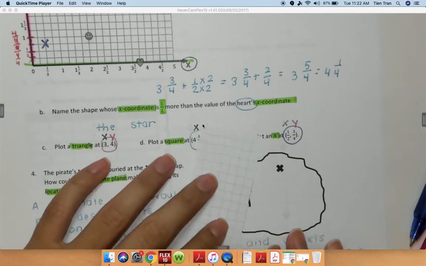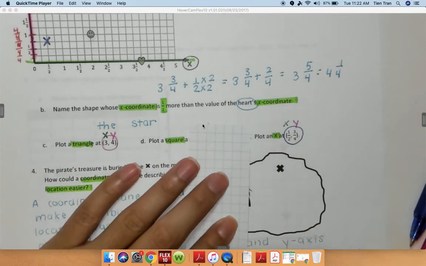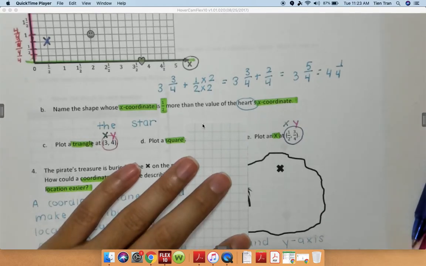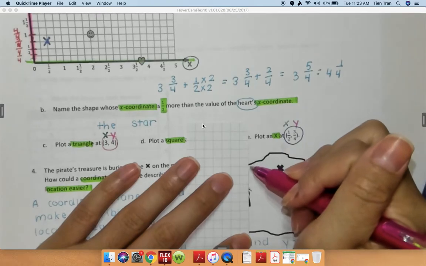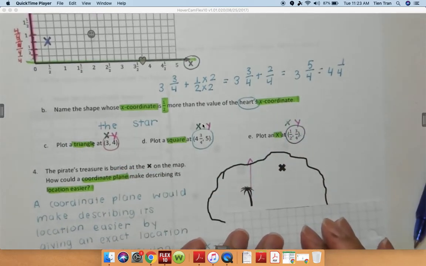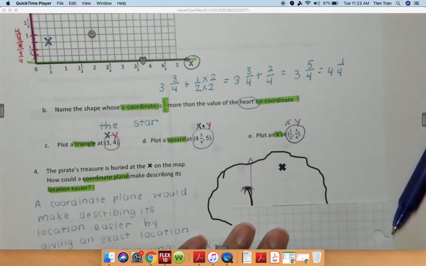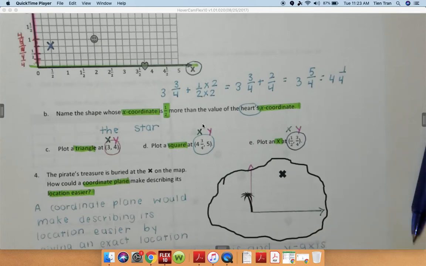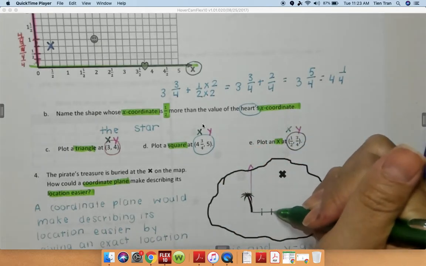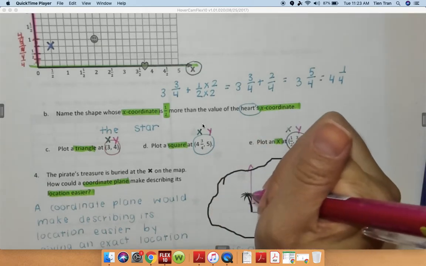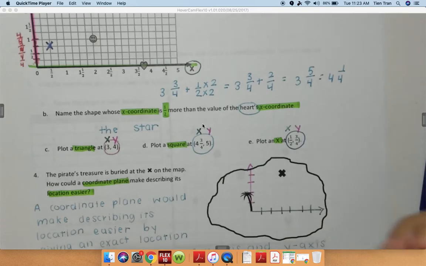So for an example, let's say this palm tree is going to be my origin or the starting point, okay? So I'm going to draw my y-axis, and then I'm going to draw my x-axis. Okay, so that means if I were to label this and the top, I can kind of set where it is.